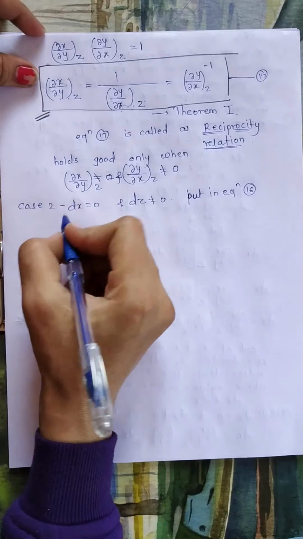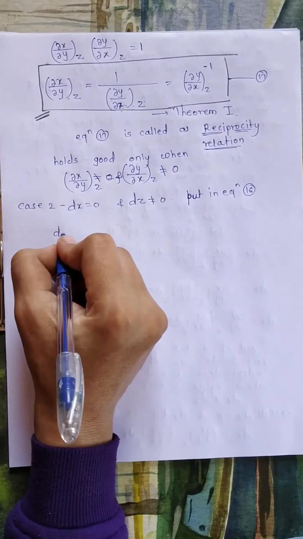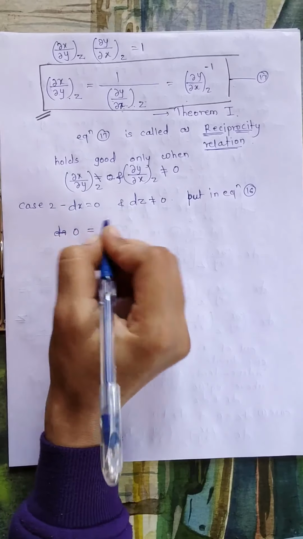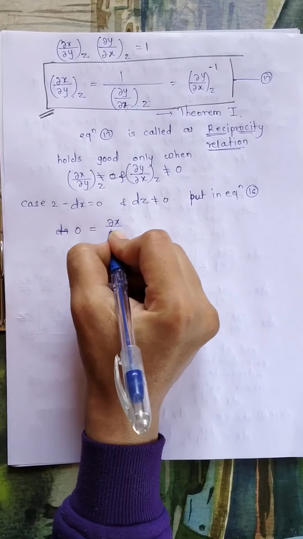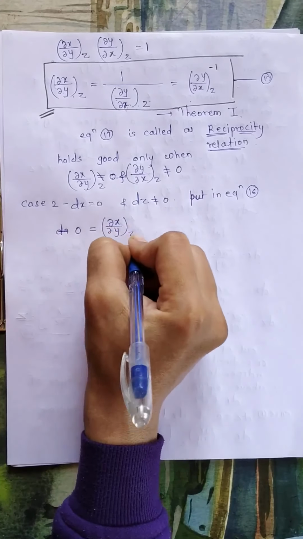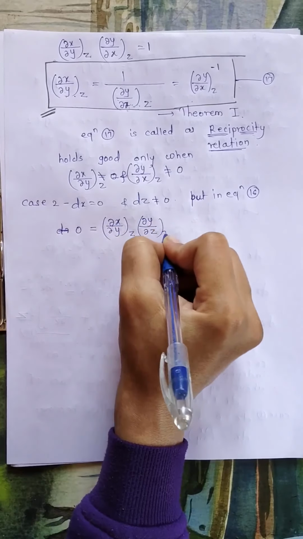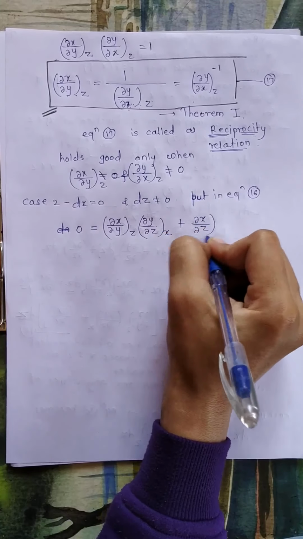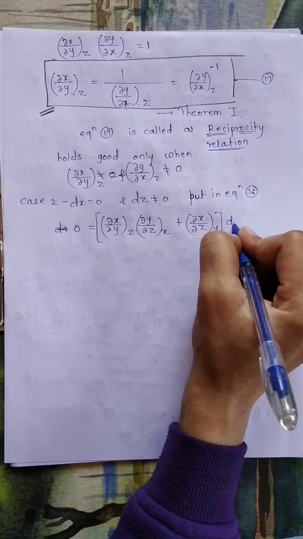So here I am going to write that equation as dx equals to, now here dx is 0, so we will get 0 equals to dou x upon dou y at constant z into dou y upon dou z at constant x, plus dou x upon dou z at constant y, and this is multiplied by dz.